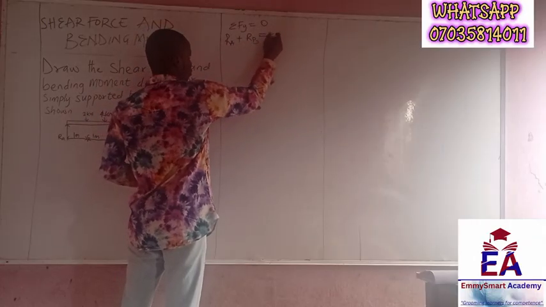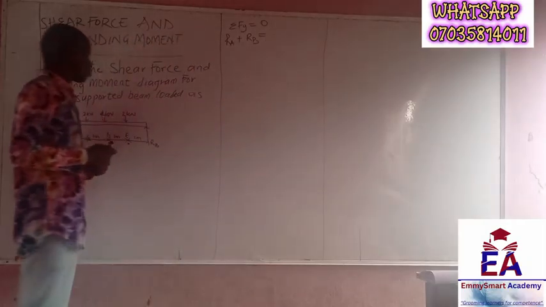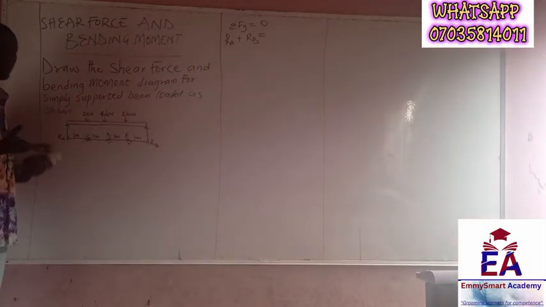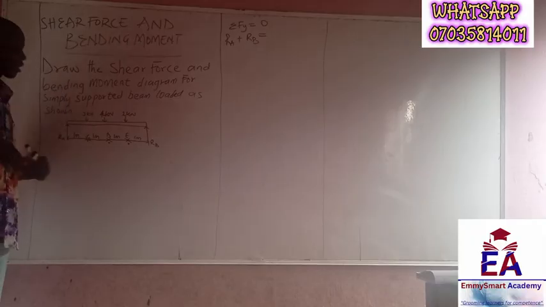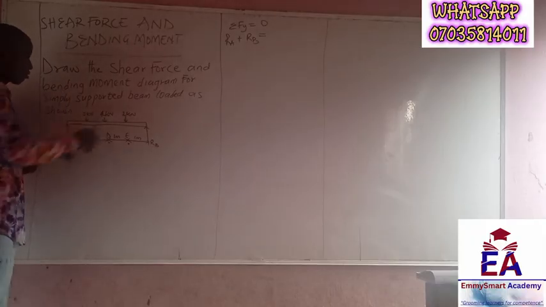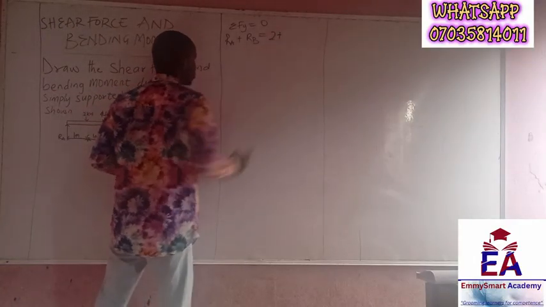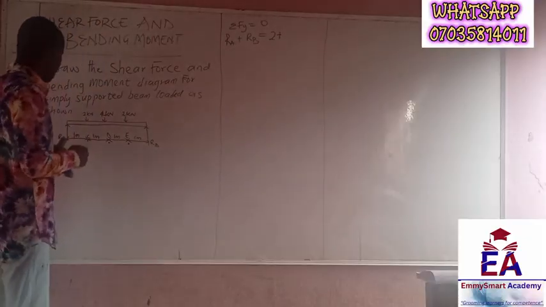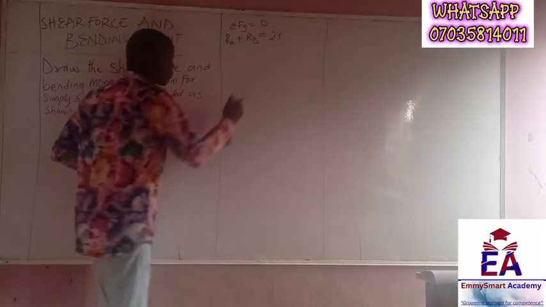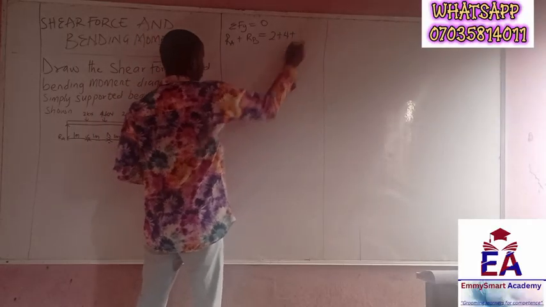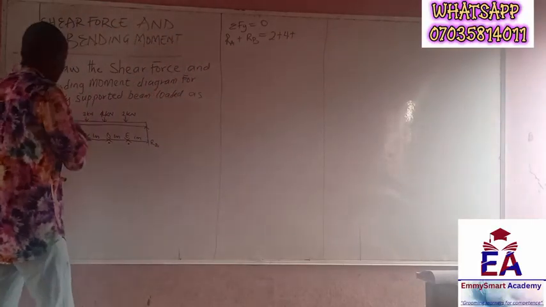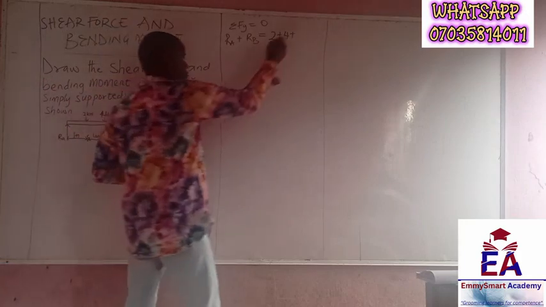So we have reaction at A plus reaction at B is equal to the sum of the downward forces. The downward forces include what? 2 kilonewton, plus 4 kilonewton, plus 2 kilonewton as well.